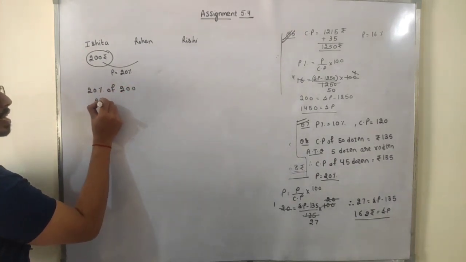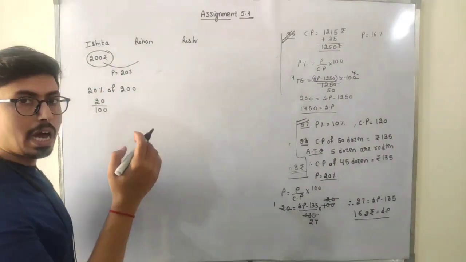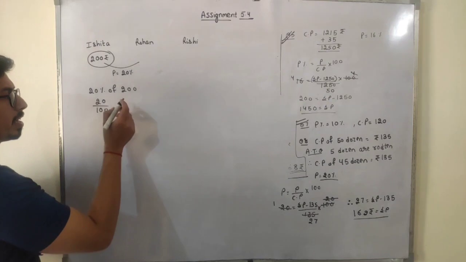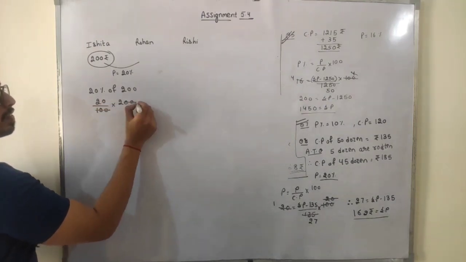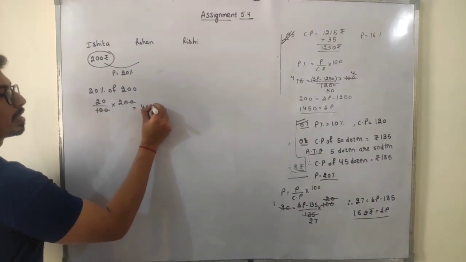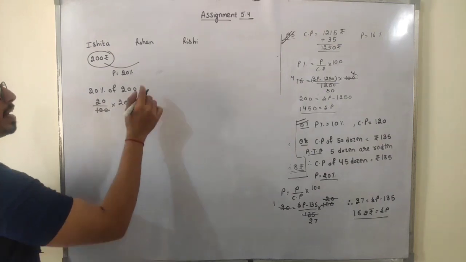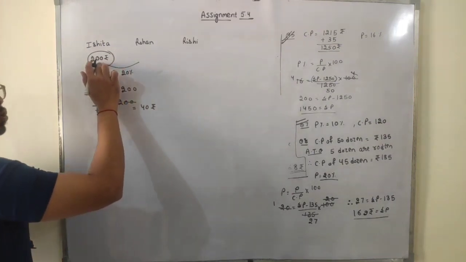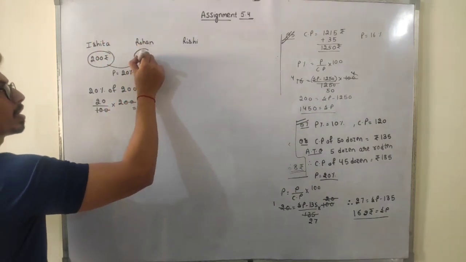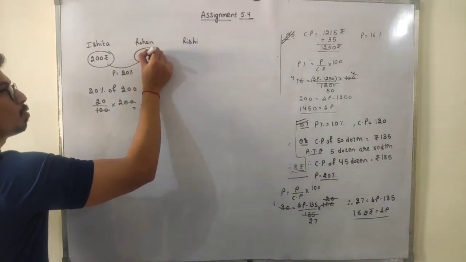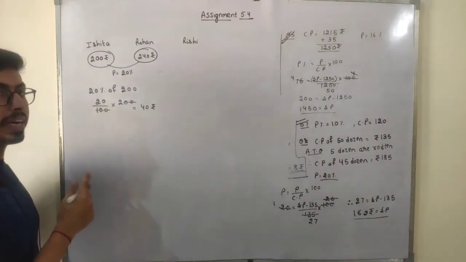This means 20 upon 100. Because if I just remove the percentage, I have to put 100 in the denominator, and of means multiplication, and this as it is. So it will be how much? 40 rupees. That means a profit of 40 is made. So the book of 200 is sold by Ishita to Rohan at 240 rupees. Okay, because a profit of 40 is made by Ishita.